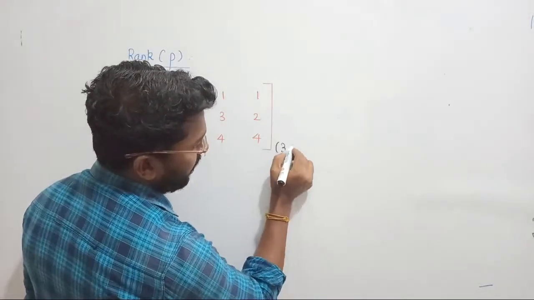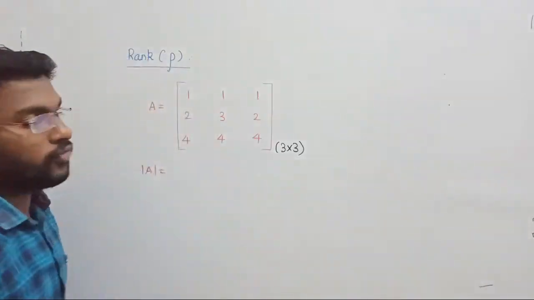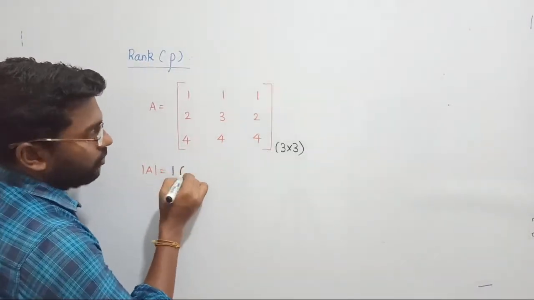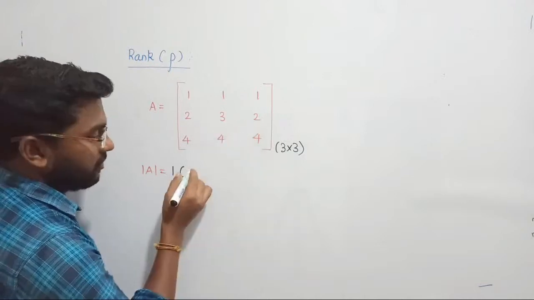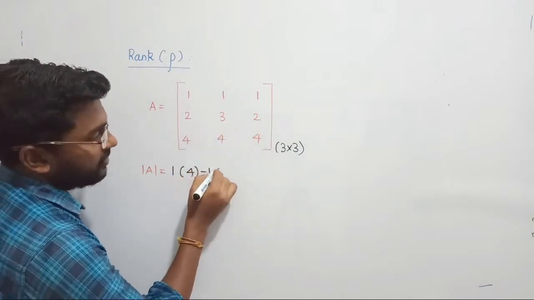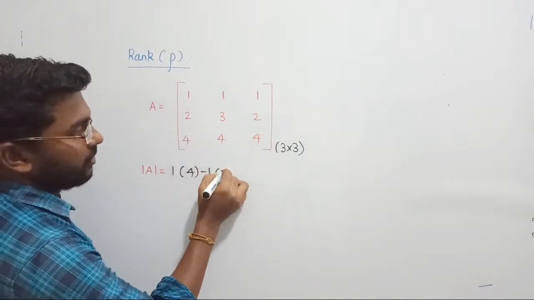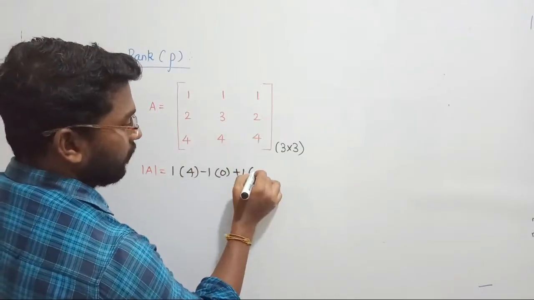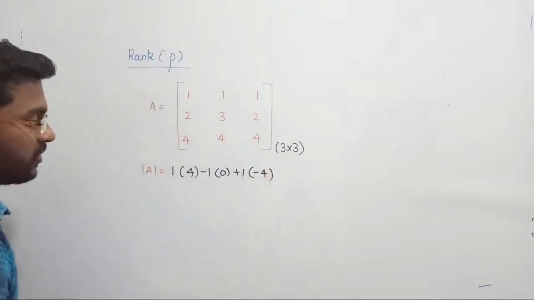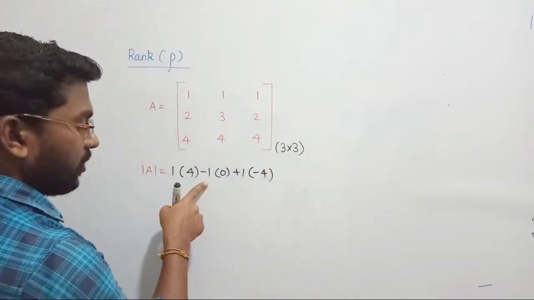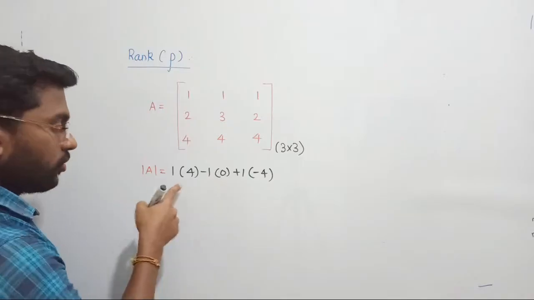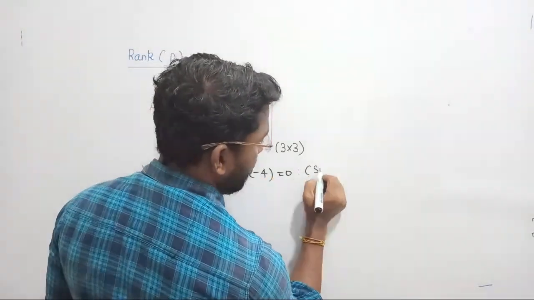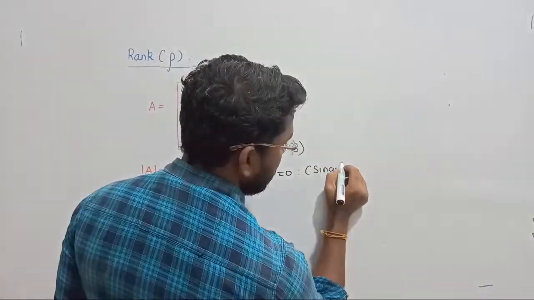Find the determinant: 1 into (12 minus 8) gives 4, minus 1 into (8 minus 8) is 0, plus 1 into (8 minus 12) gives minus 4, so this is 0, minus 0, plus 4 minus 4 gives 0. I am getting a singular matrix.